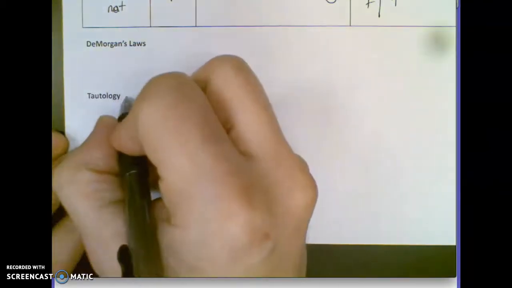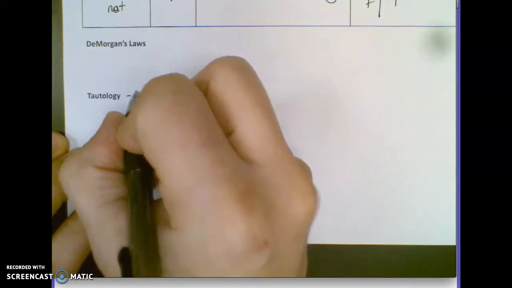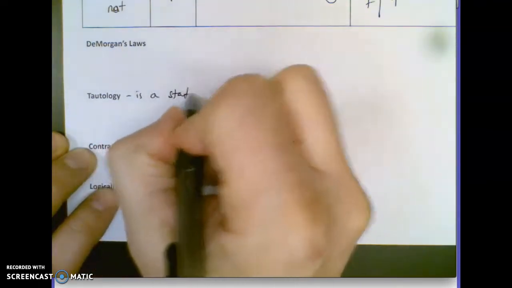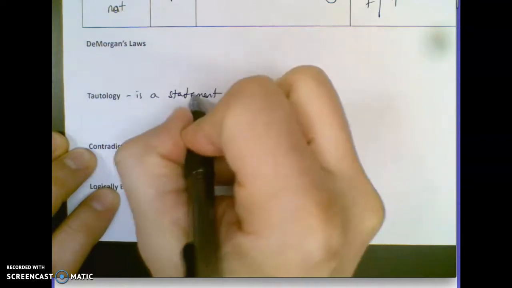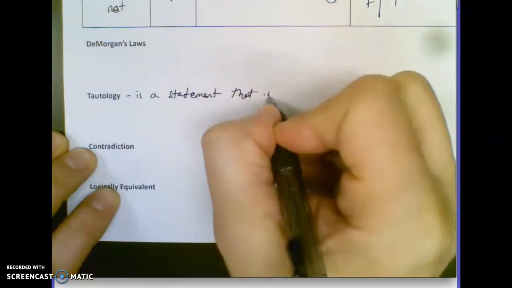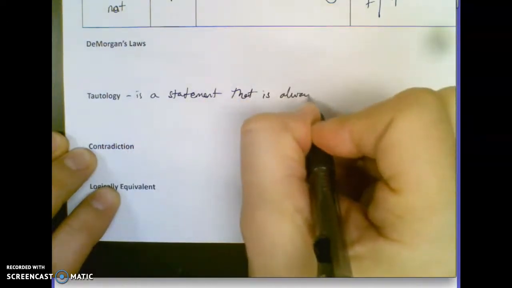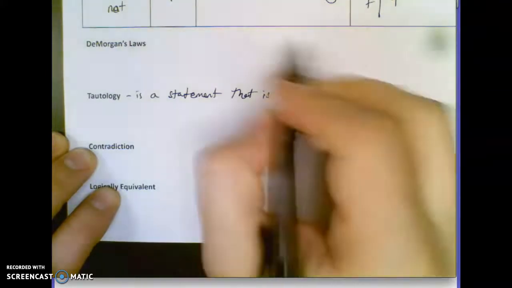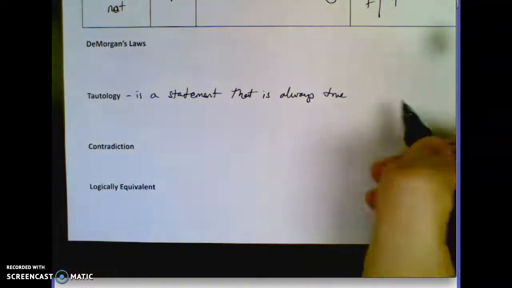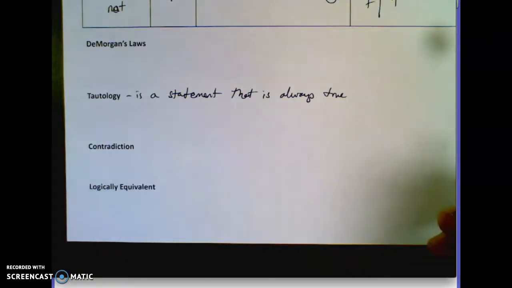A tautology is a statement that is always true. So if you did a truth table and everything came out T, T, T, T, you just found a tautology.